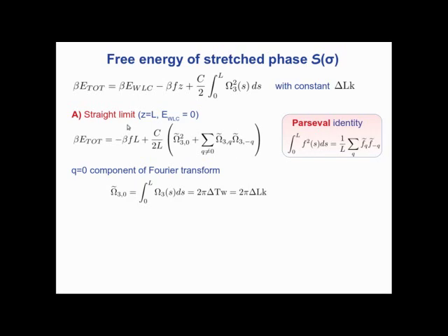But because we are considering the straight limit of our molecule, the twist is also the excess linking number, since there is no writhe. In other words, the twist is equal to the linking number. So because I want to have a fixed linking number, it means that I fix the q equals 0 component of the Fourier transform of omega 3.